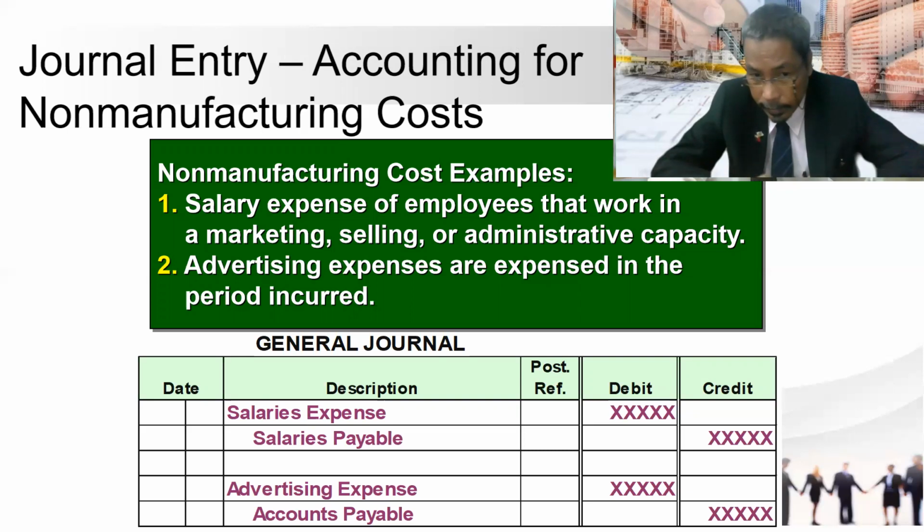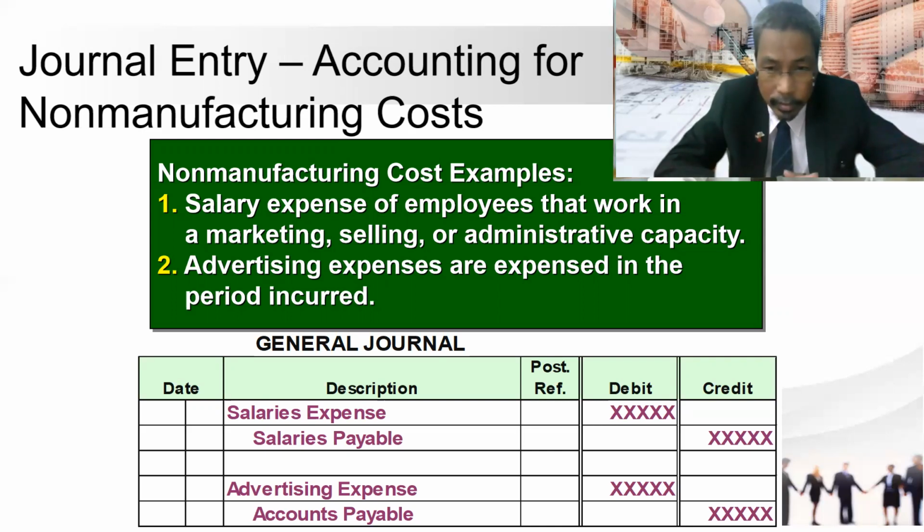Okay. The next sample is advertising expenses, which are expensed in the period incurred. So what is this? Advertising expense, accounts payable. Since they are expense, they have to be debited. And since they are payable, they have to be credited. Do this minimum 10 times and use an actual value.